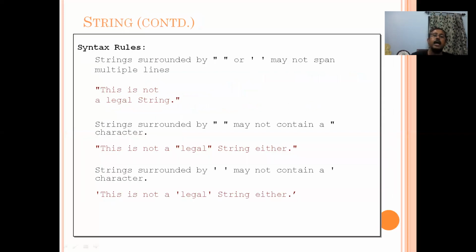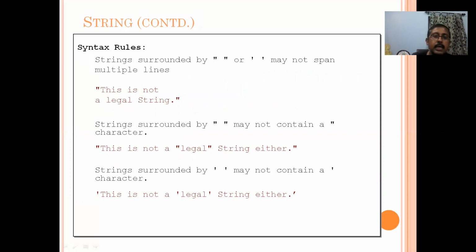Now, there are a couple of things that I wanted to touch upon. Say, for example, I want to write a particular sentence, and within the sentence, as I mentioned earlier also, I want to include either a single quote or a double quote. How can I do that?